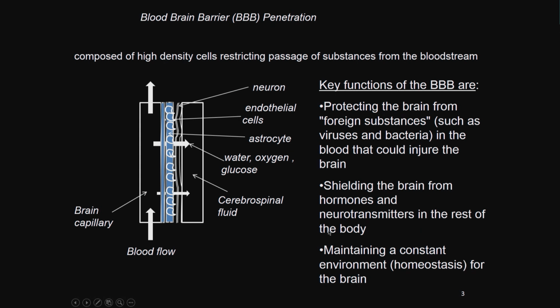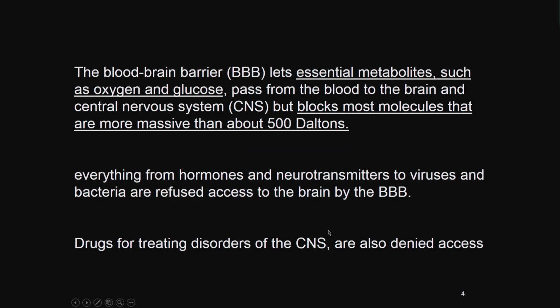This is called homeostasis, a constant environment. It allows essential metabolites, oxygen and glucose, but blocks most molecules that are bigger, 500 Daltons or more actually, like hormones, neurotransmitters; viruses and bacteria are prevented from getting through.